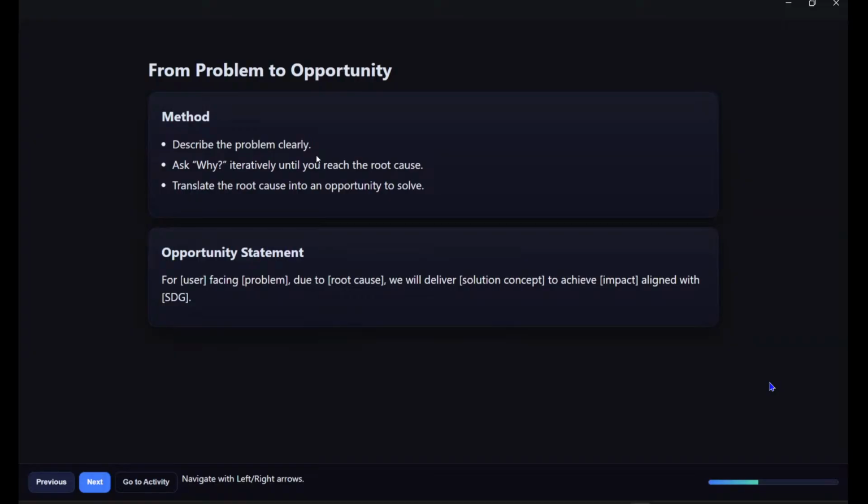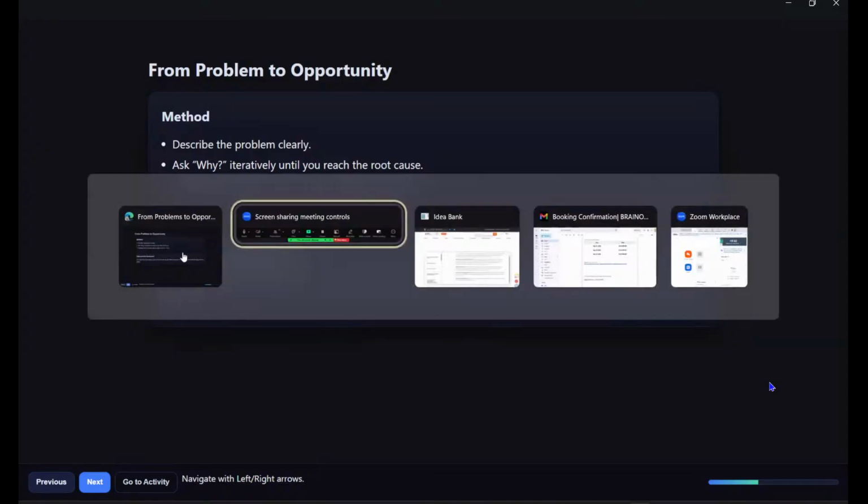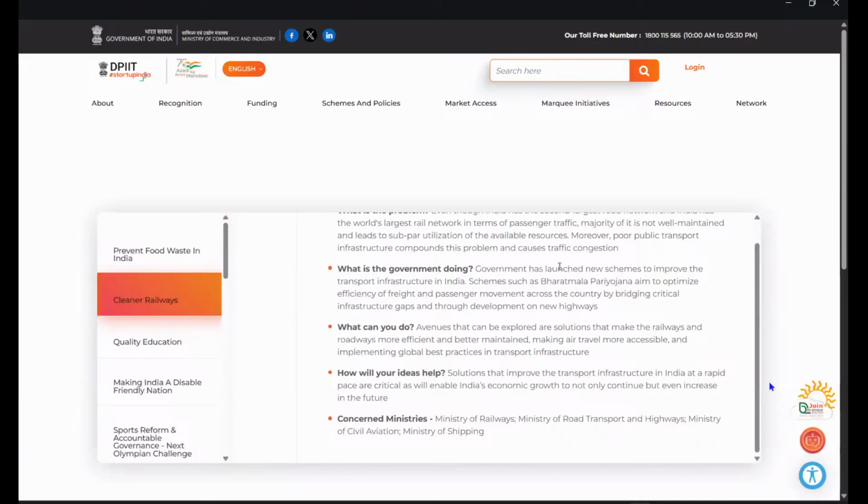We cannot end world hunger or provide quality education with one platform. So we need to be very specific about what problem we are trying to solve. As we have seen in the examples here, this is a very specific problem that we are talking about.